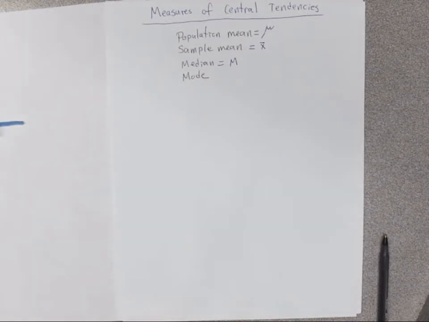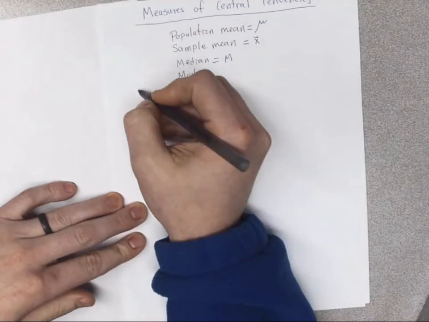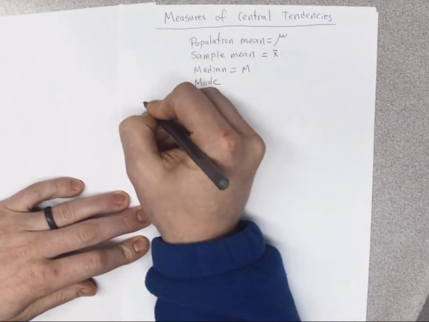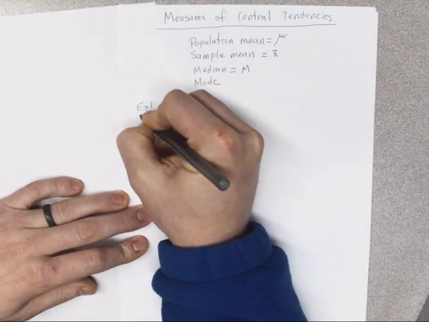So the easiest way is just to show you a simple example of how to find the mean. So let's look at a real easy example here. Example 1.